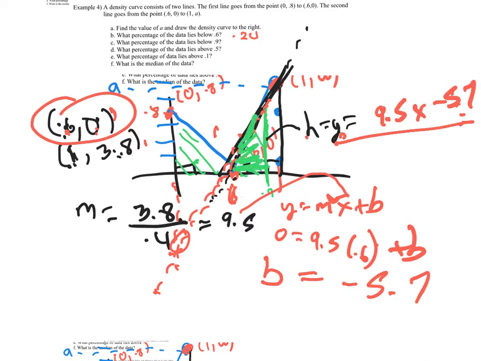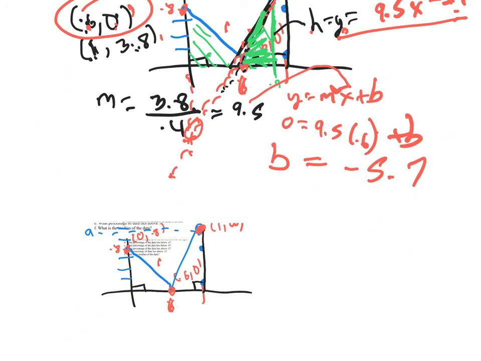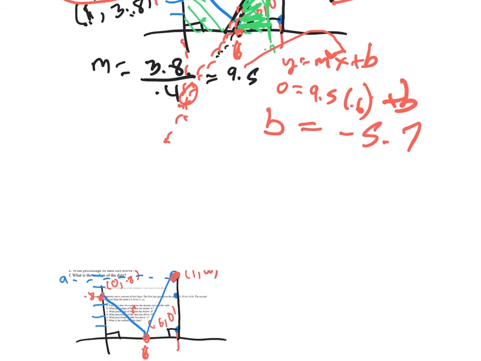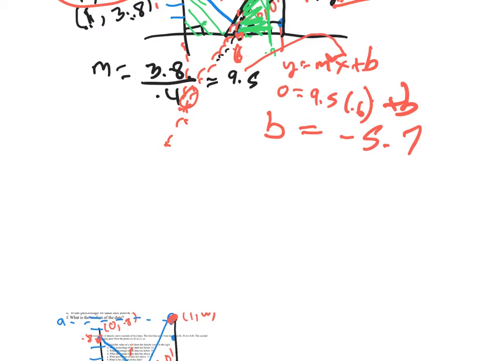In a second, someone's going to tell me what that height is. So we just plug in 0.9 to the equation? In a minute, yes, you will. I didn't tell anybody that yet, but that is what you're going to have to do.